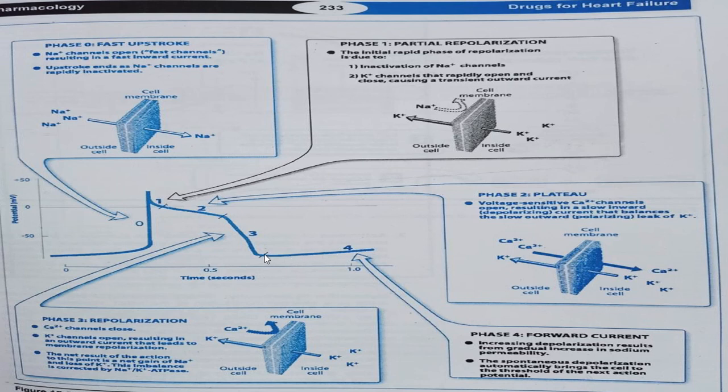The spontaneous depolarization automatically brings the cell to the threshold of the next action potential. Again, this threshold will be met to produce the next action potential.